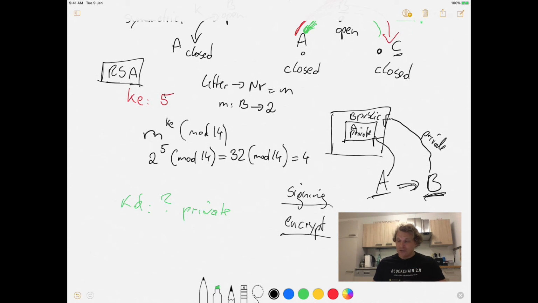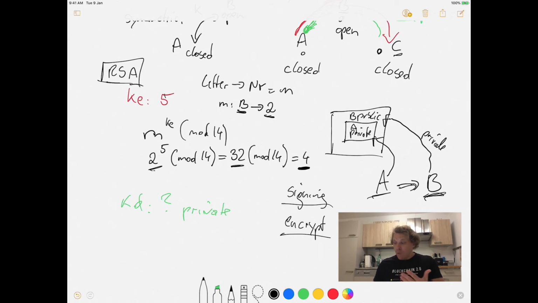So the algorithm is, we take the message, take the letter, put it into a number, and put it to the power of the public key. The public key is known to everyone. The algorithm is known to everyone. And so now, the ciphertext is 4. So why? 2 to the power of 5 mod 14 is 32 mod 14. 2 times 14 is 28.